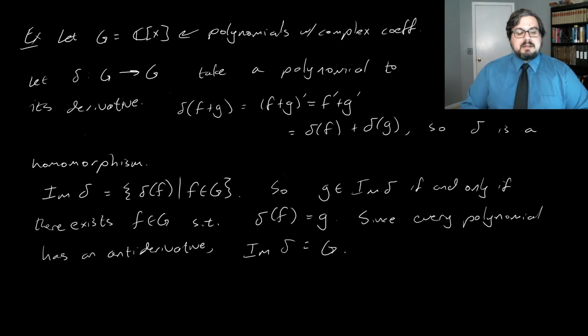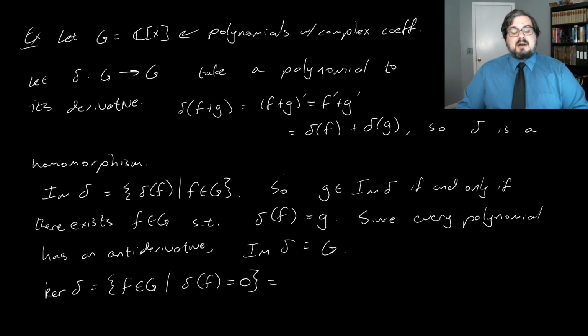And now finally, if we want to know the kernel of delta, this is going to be the set of all elements f of our group G such that delta of f is equal to 0. Now, we know that the derivative of a function is equal to 0 if and only if the function is a constant function.